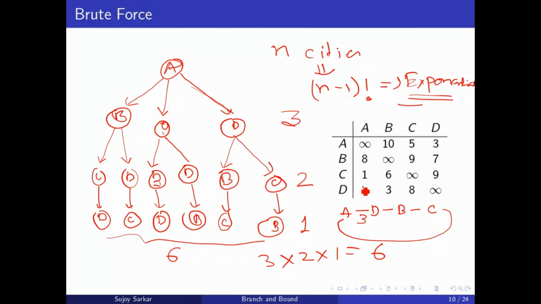D to B, cost is 3. B to C, cost is 9. C to A, cost is 1. So total cost is how much? 3 plus 3 plus 9 plus 1. So that is 16, right?